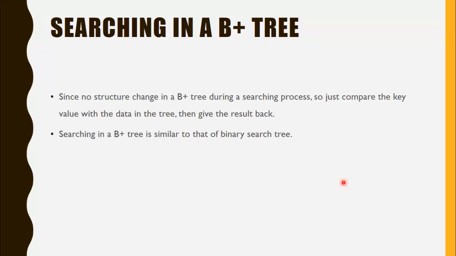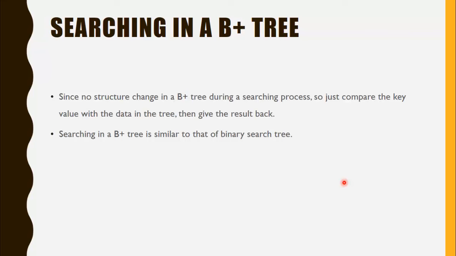So let's go to the searching operation in a B plus tree. When a key field is searched, the leaf node has a value for all the values of the search field, which also contains a data pointer to the record or a block. When a non-key field is searched, the pointer points to a block which contains pointers to the data file records, which results in an extra level of indirection.